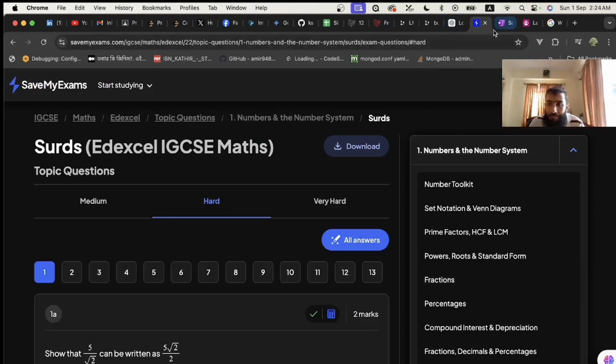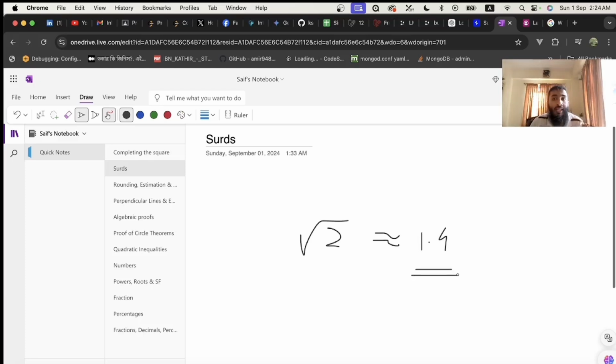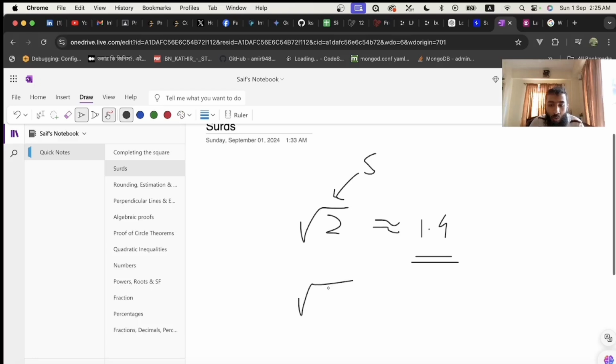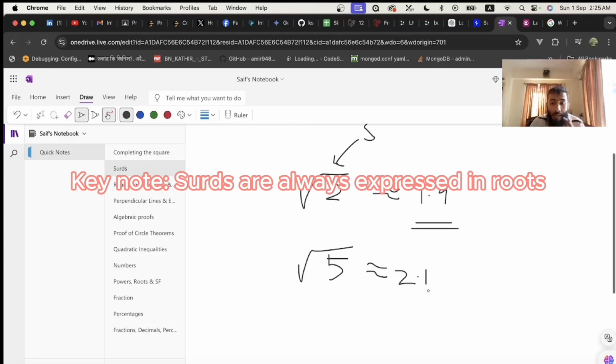So for example, let's say I use my pen tool, notepad and pen tool. This number, root 2, is approximately 1.4, but we don't know the exact fraction. So that's why this is a surd. Let's represent surd with S. So this is a surd. Similarly, root 5 is approximately 2 point something, but the exact value cannot be found.